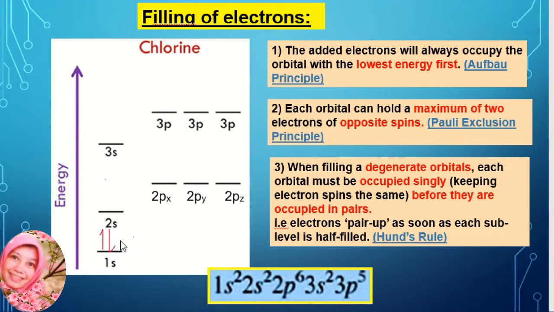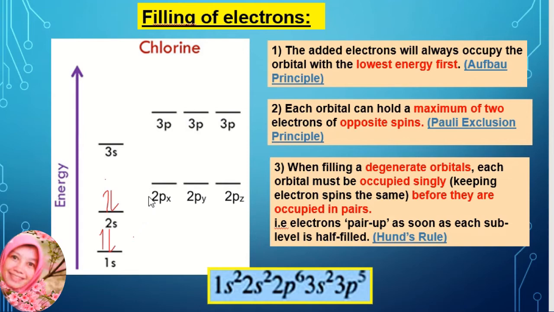You can see here, maximum 2 electrons can be filled in one orbital. Then, we fill the 2s orbital, maximum 2 electrons with opposite spin. And now, 13 electrons are left to be filled in the remaining orbitals.